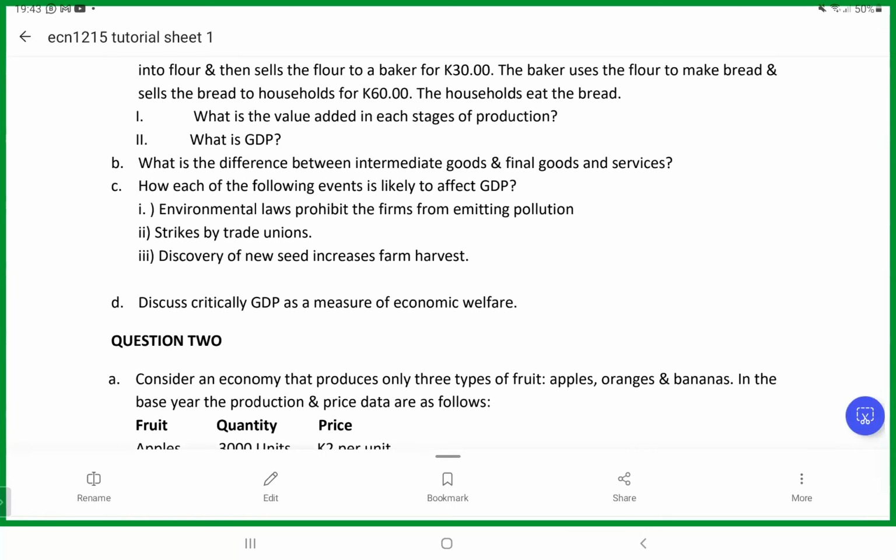Can I try? Go ahead. Actually, the question is discuss critically GDP as a measure of economic welfare. Anyway, I'll come back.